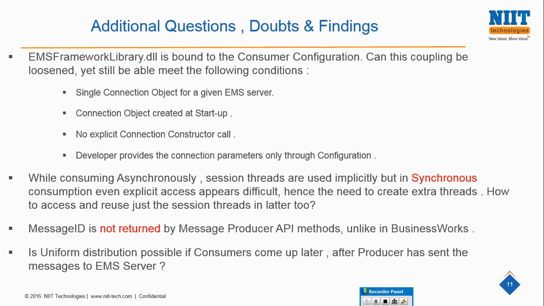Would it behave the same as it did when it was up with the producer sending the messages? I've seen some deviations from the uniform distribution when consumers come up later. And this is applicable only for FX. In the case of RR, consumers have to be there before an RR message is sent. Okay?